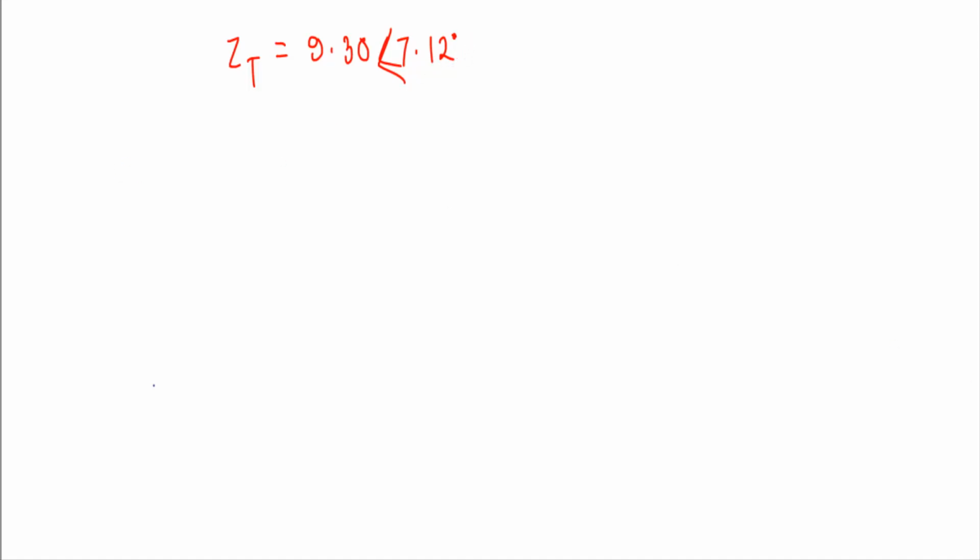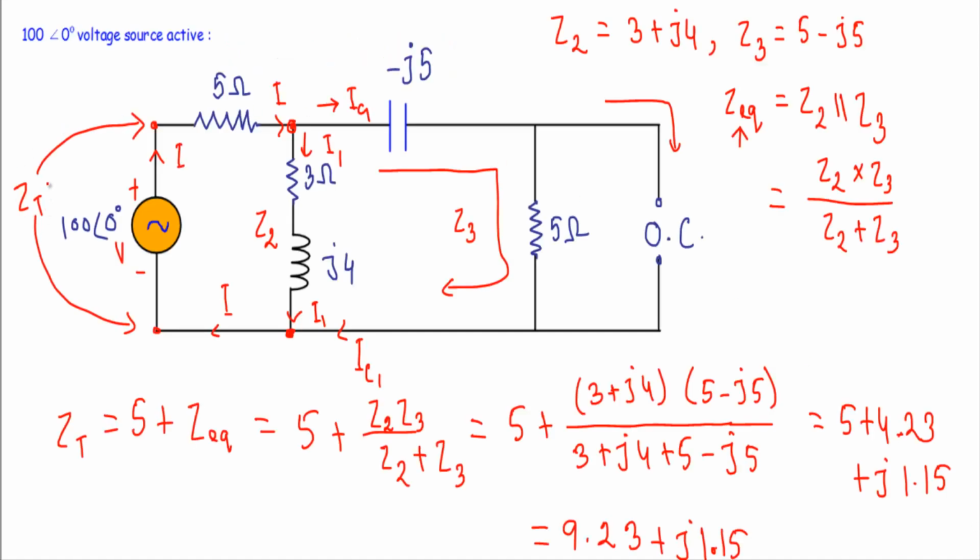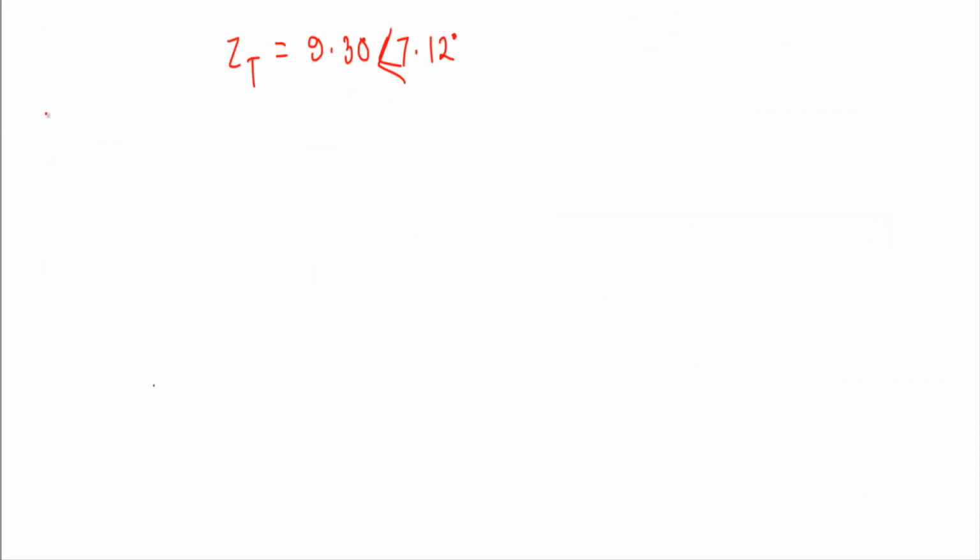Now see, in this circuit we know the value of total impedance ZT. We know the value of total supply voltage. So if we want to calculate the total current I in the circuit, how do we calculate it? We divide total voltage by the total impedance of the circuit.